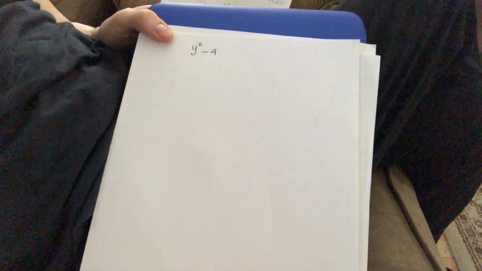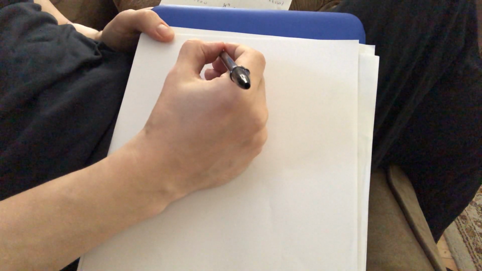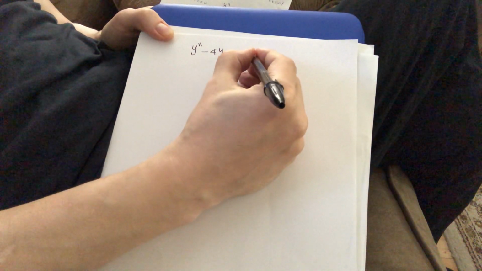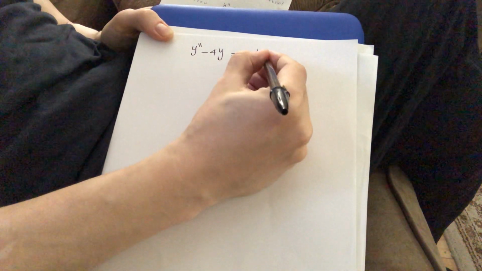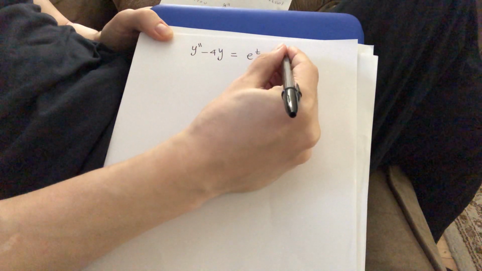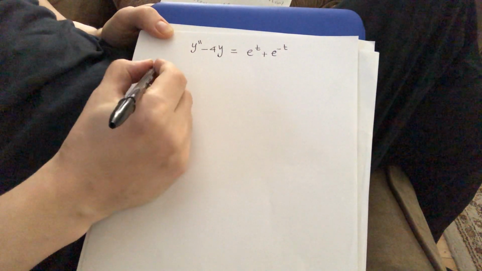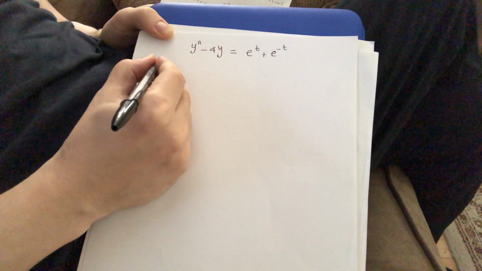So the second question. You have y double prime minus 4y equals e^t plus e^(-t). The first step is you find the homogeneous solution.